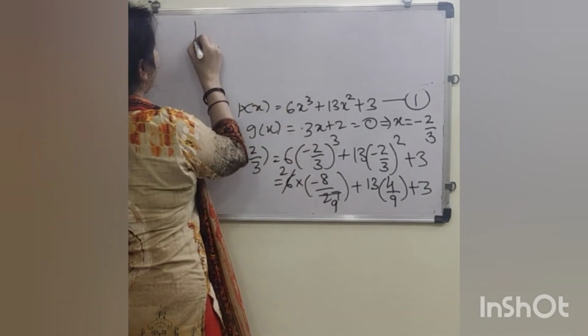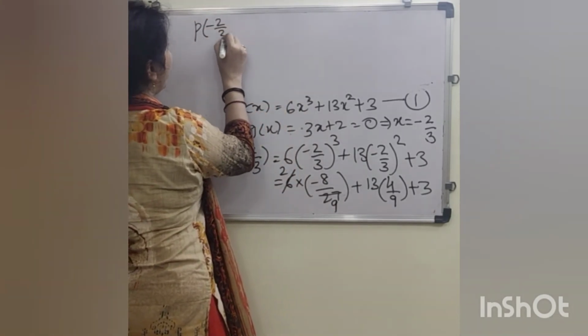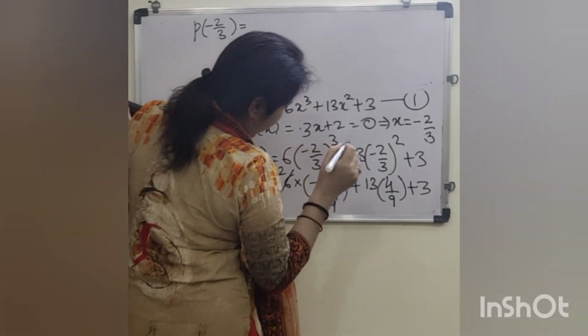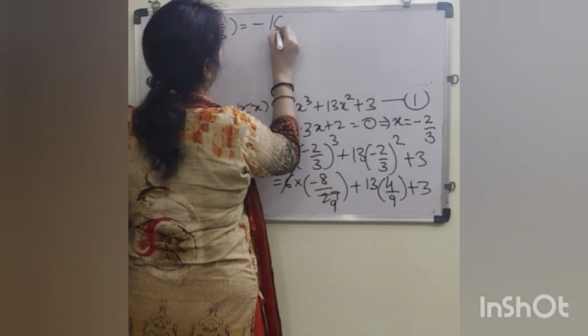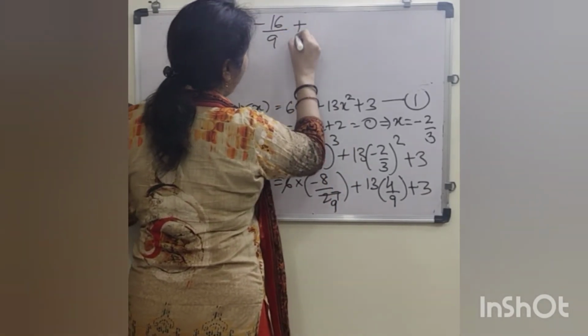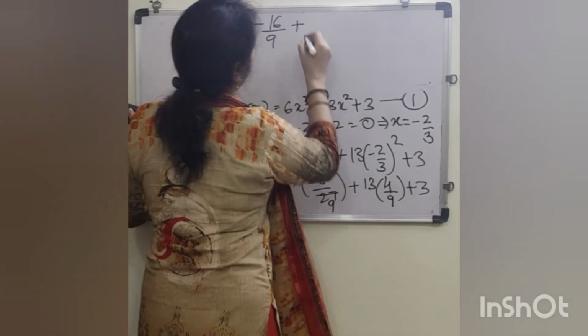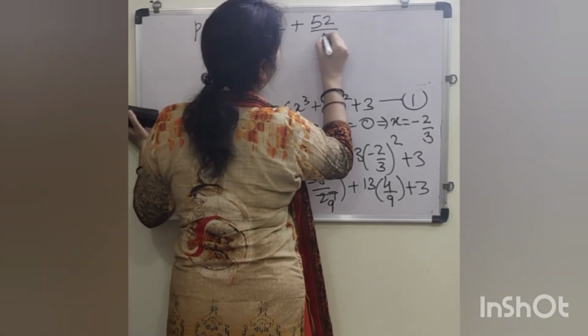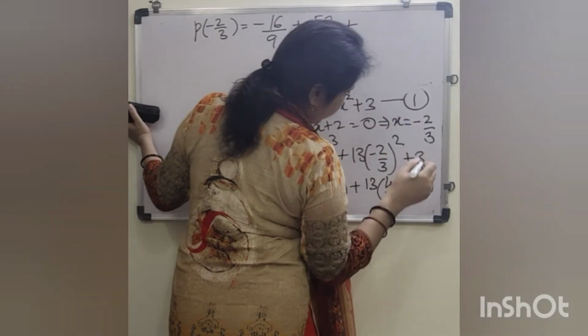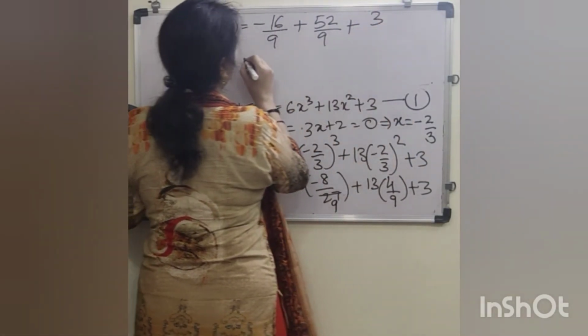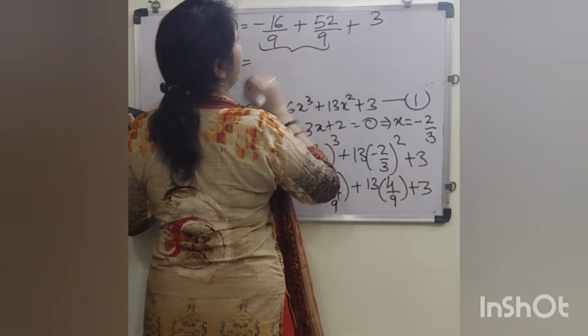We have ultimately got P of minus 2 by 3 is equal to minus 16 upon 9 plus 52 over 9 and plus 3. First let's simplify these two.